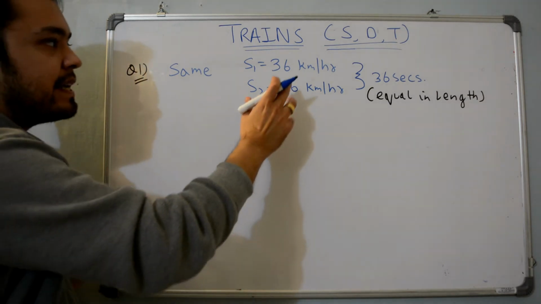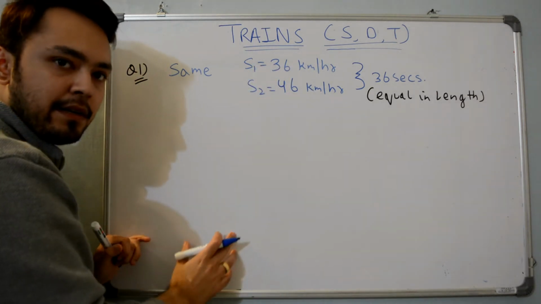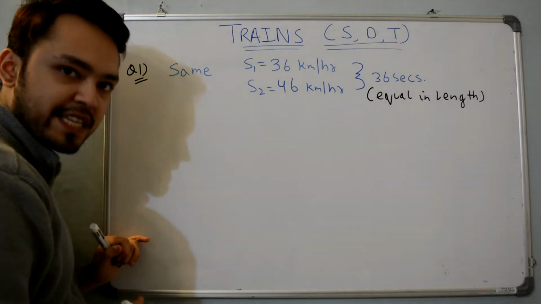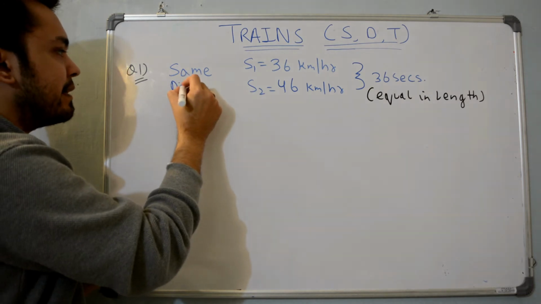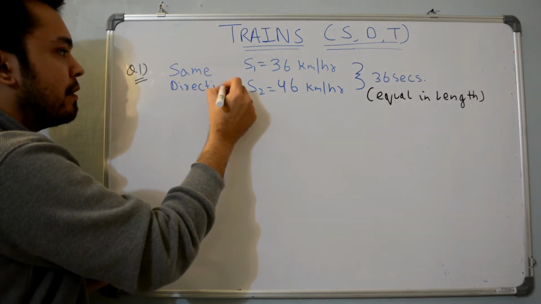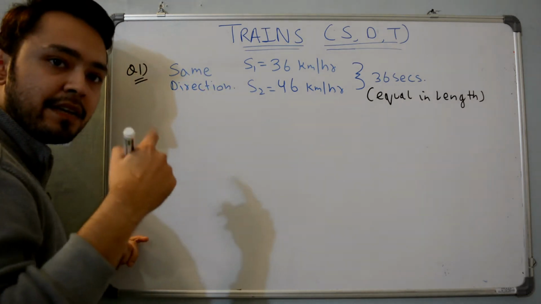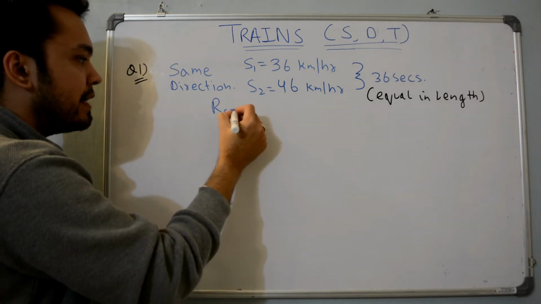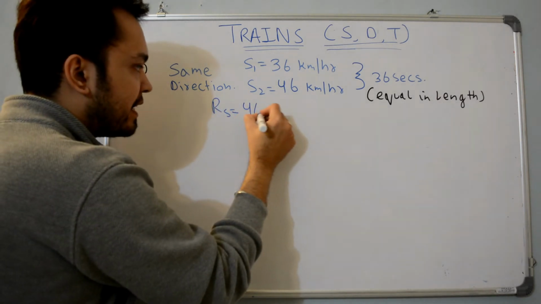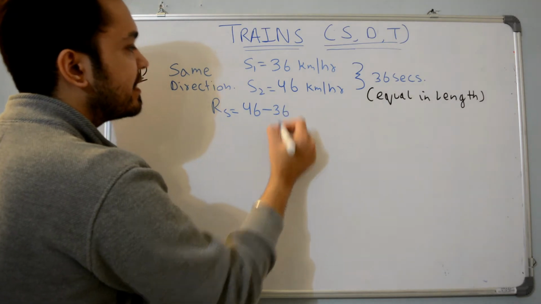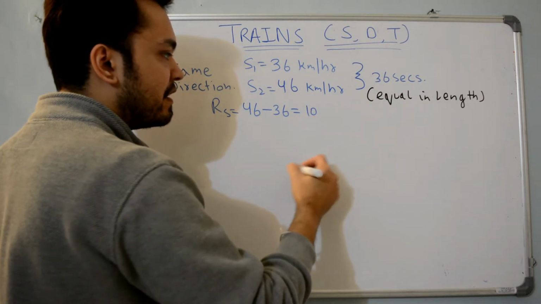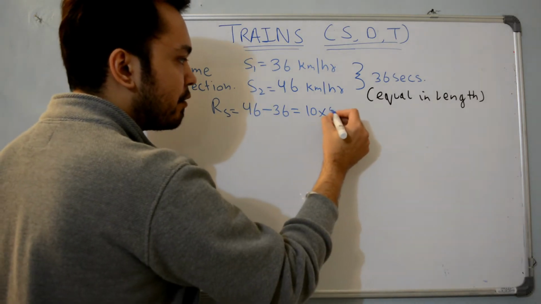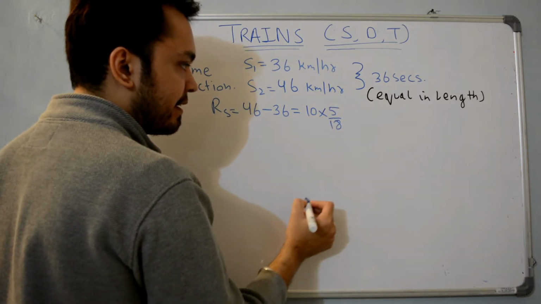Now, if we just wait and visualize, we will frame our question first. First of all, we'll need to find the relative speed. Then we will convert it into meters per second. Also, we are given that they are moving in the same direction, which means that their relative speed will be 46 minus 36, right? 10 kilometers per hour, we will change it into meters per second into 5 upon 18, right?